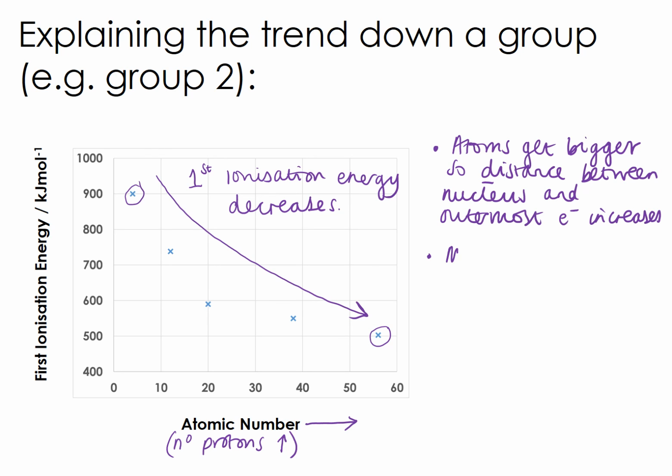Similarly, there are more shells between that outermost electron and the nucleus, so the shielding increases.